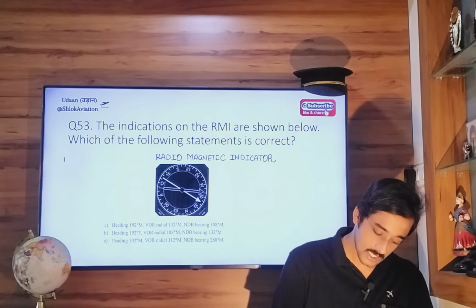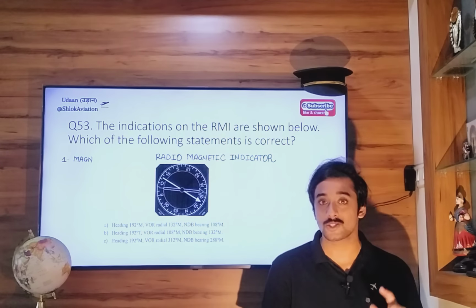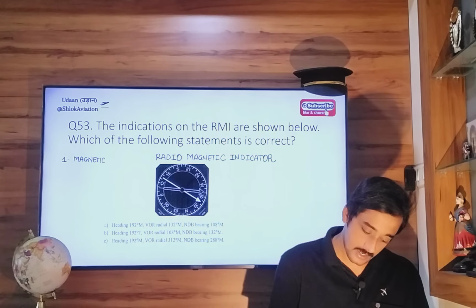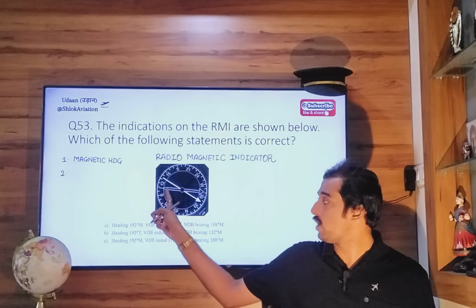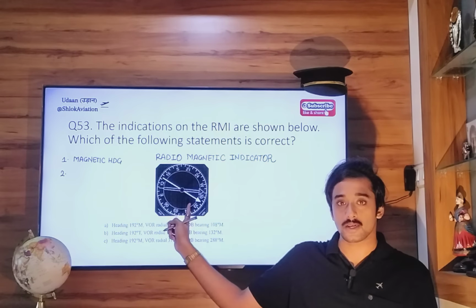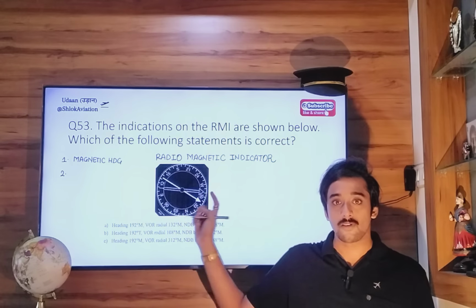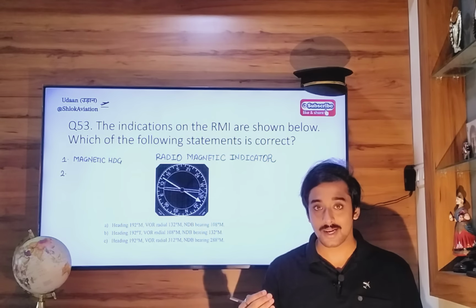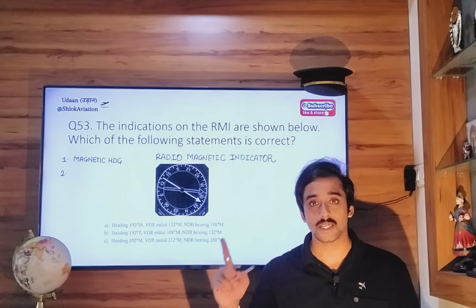The first is magnetic heading. So remember, it's magnetic heading. It's not the true heading, not compass heading. Second, you can see here two arrows, two pointers. Now the heads of these pointers will give you the information as to the track that you must follow to go towards a station.